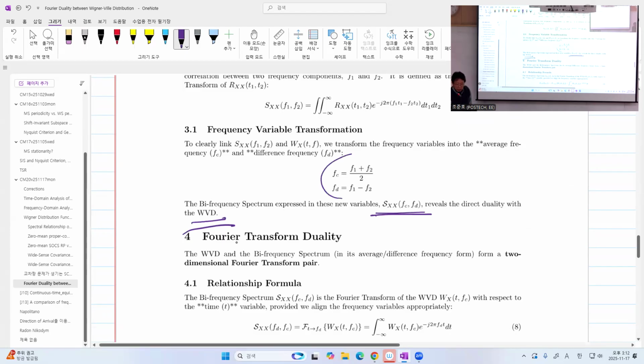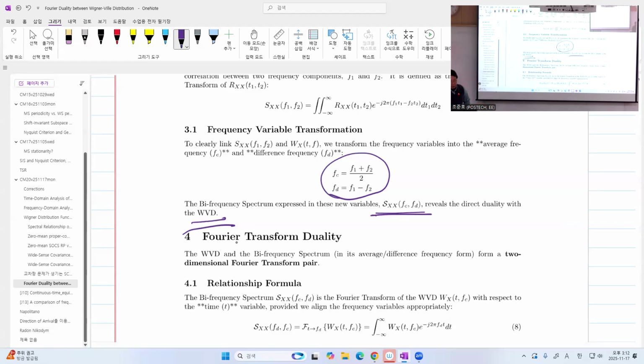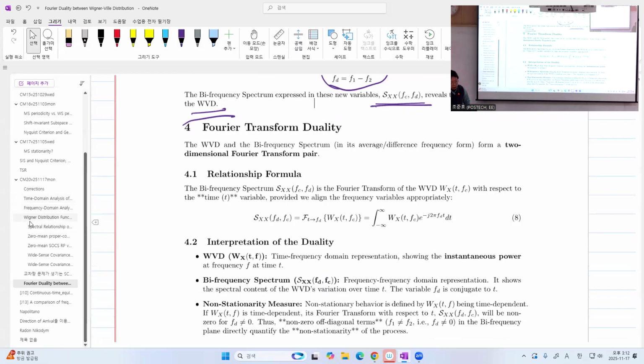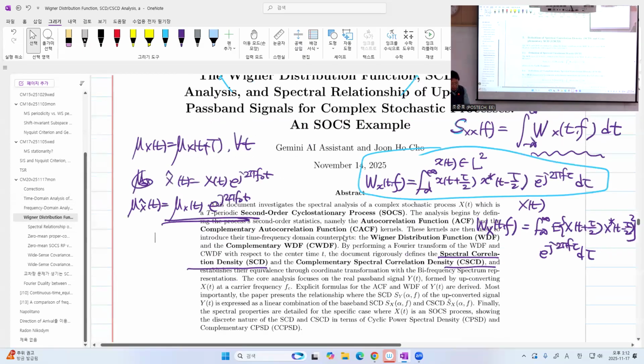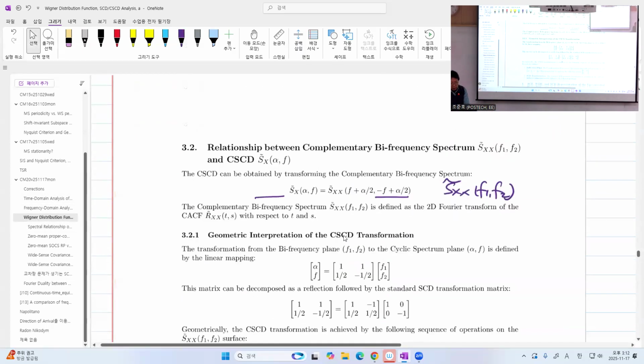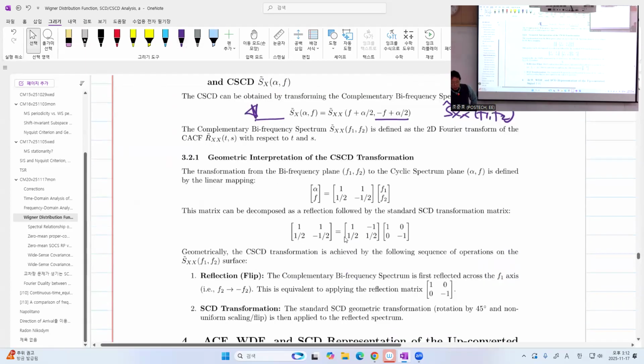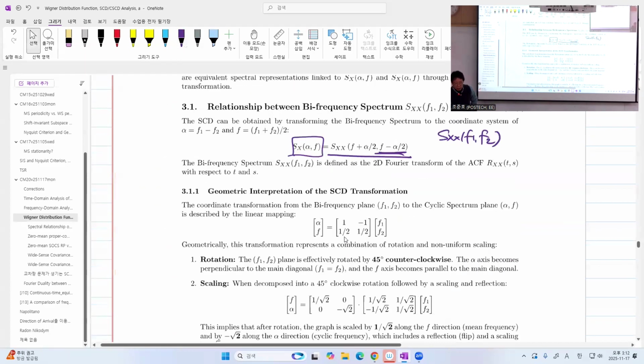And you see the difference and average frequency. Same for the complementary Wigner distribution. So that is the equivalent expression to that one and that one. Got it?